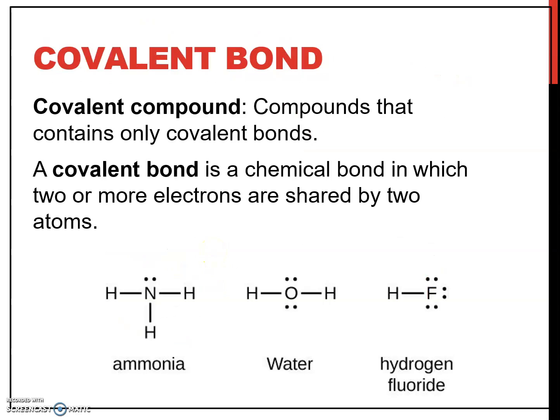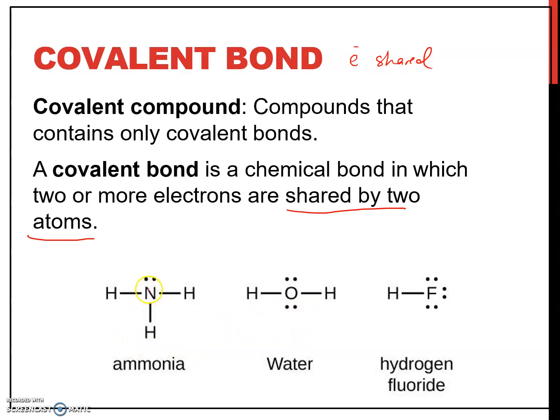Okay, for covalent bond, so covalent bond is the compounds that contain only covalent bond. Covalent bond is a chemical bond in which two or more electrons are shared by two atoms. So covalent bond involves electron sharing by two atoms. For example, ammonia.